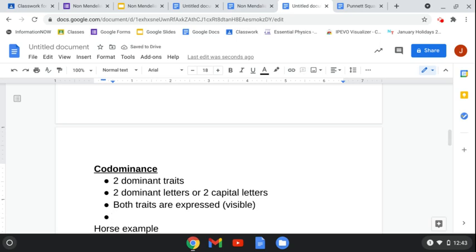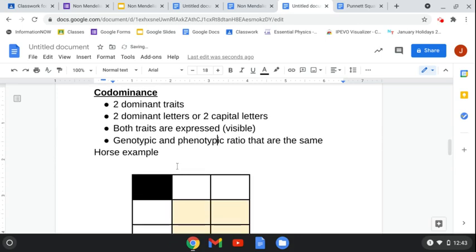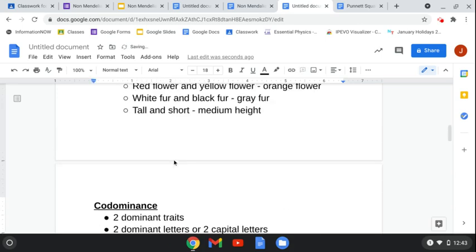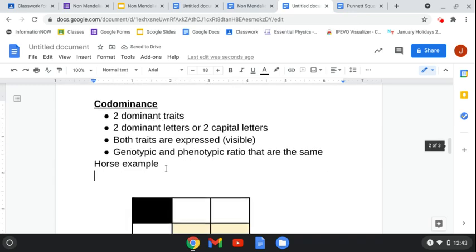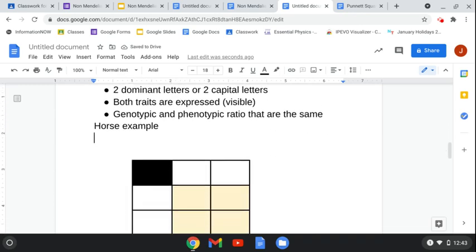The same as with incomplete dominance, we are still going to have a genotypic and a phenotypic ratio that are identical, that are the same. My example is horses. Here, we're going to cross a red horse and a white horse, and both of these are going to be dominant.